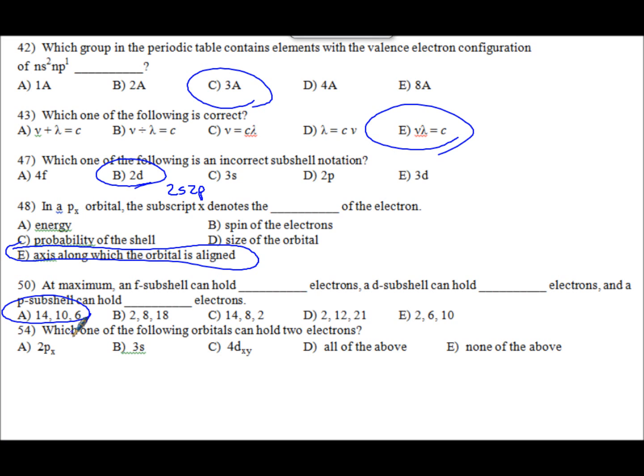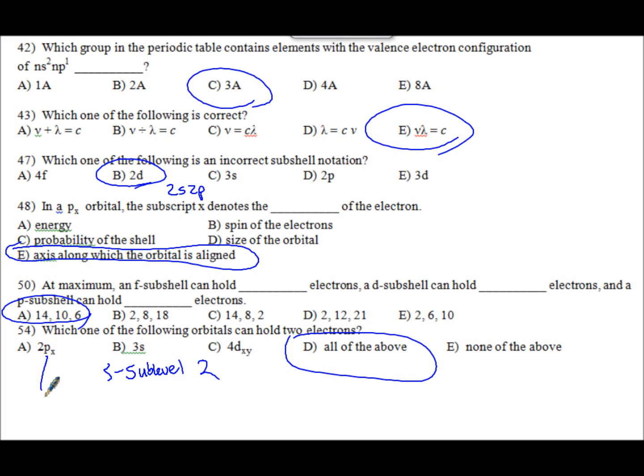And then, which of the following orbitals can only hold 2 electrons? Well, these are orbitals. Every orbital can only hold 2 electrons. Bam. So a lot of people think, well, the s is the only one that can hold 2 electrons. The s sublevel can only hold 2.